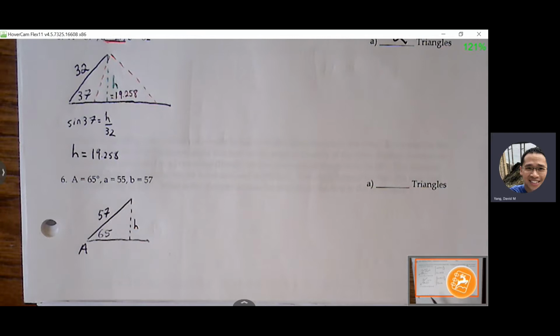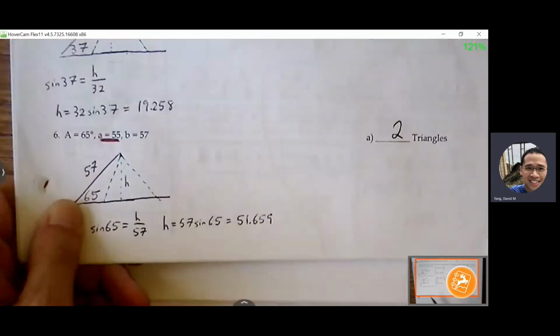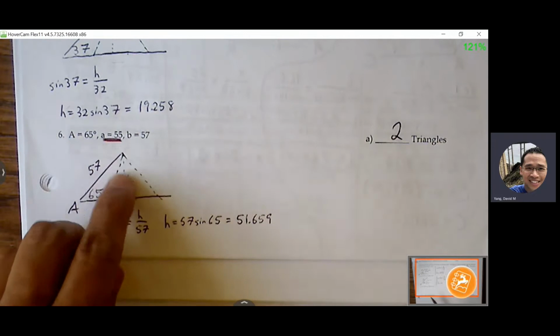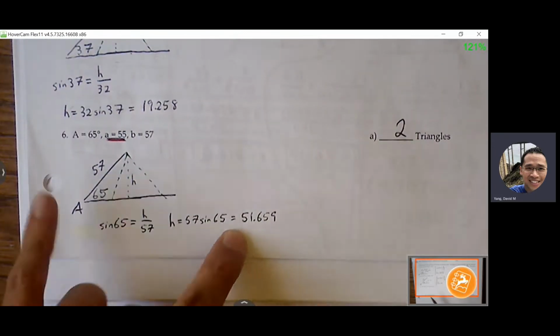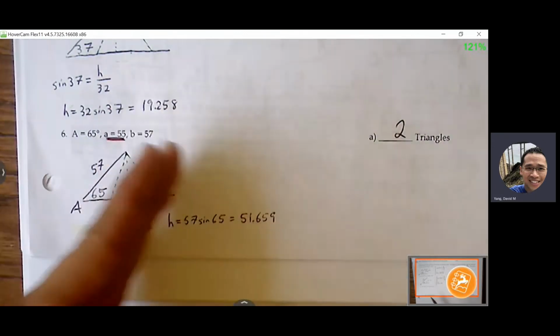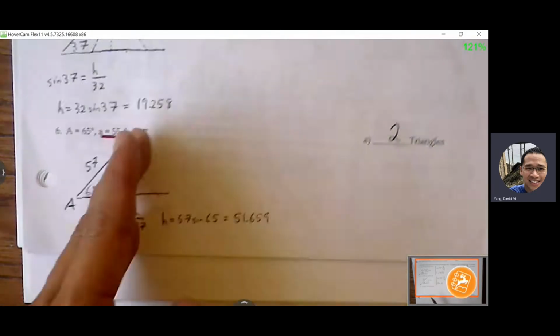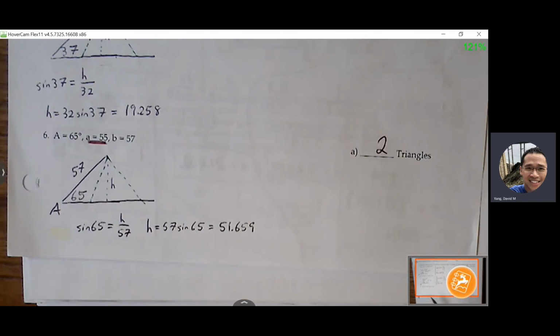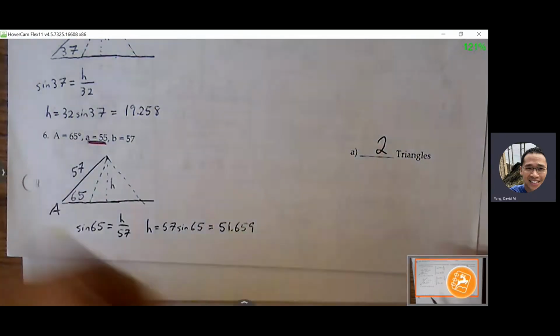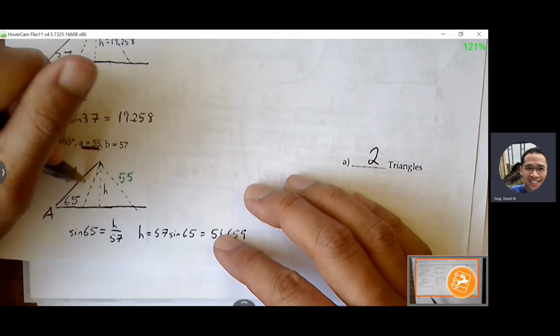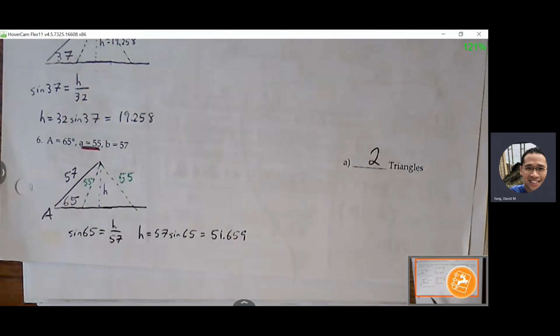Okay, 0, 1, or 2 triangles? 2 triangles, yeah. That 55 is hanging out between the 51 and 57. That's going to give it that ambiguous case there where it could swing out as an acute triangle or swing in as an obtuse triangle. Any questions there? Okay, next page.